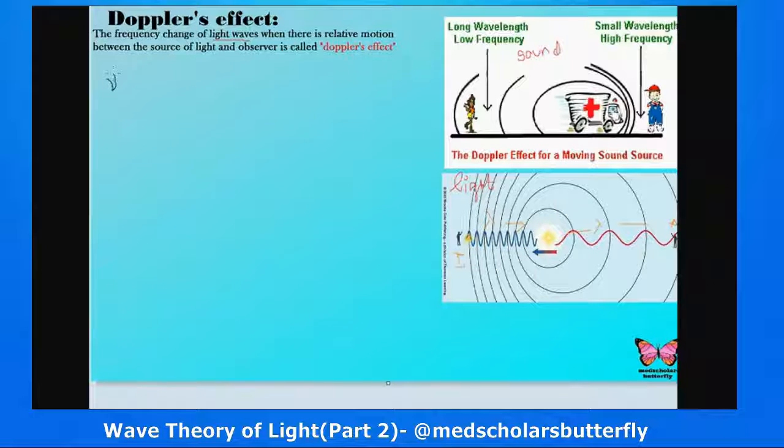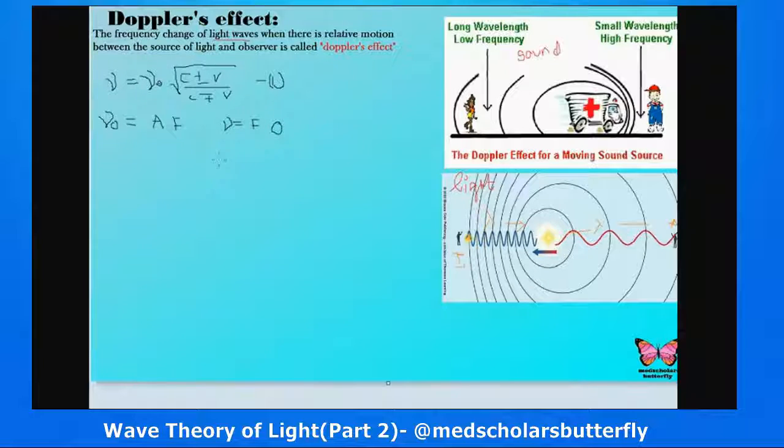The apparent frequency of light seen by the observer can be written as f prime equals f times root of (C plus minus V) upon (C minus plus V). Let us take it as equation number 1, where f is the actual frequency and f prime is the frequency observed by the observer.